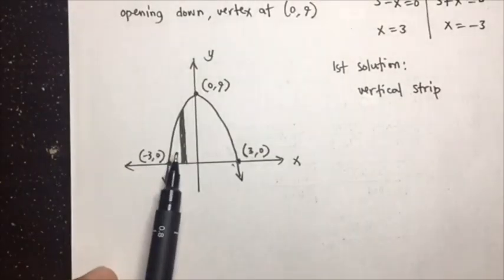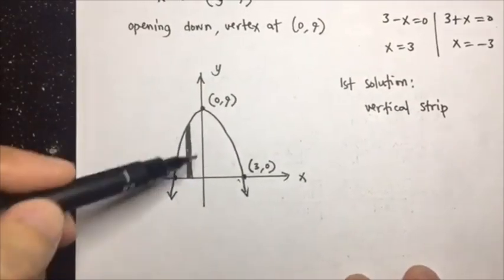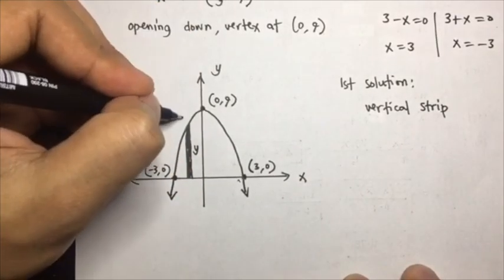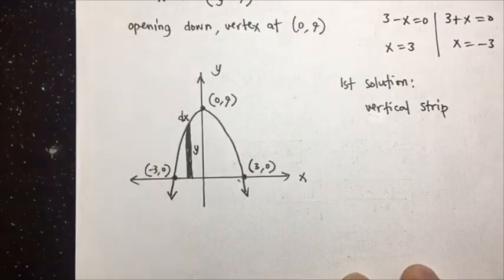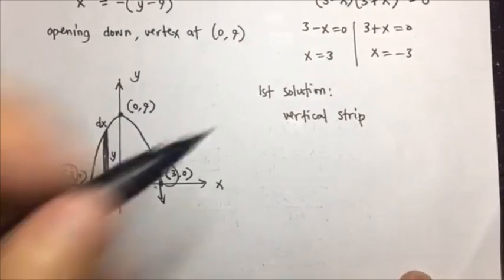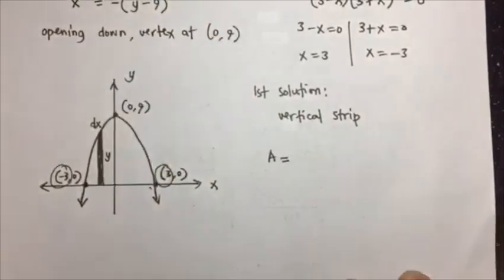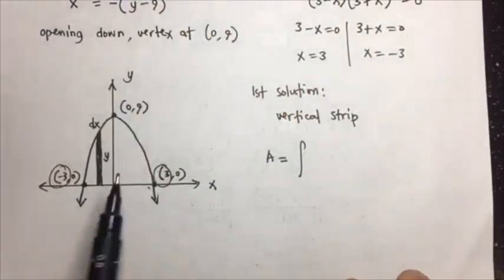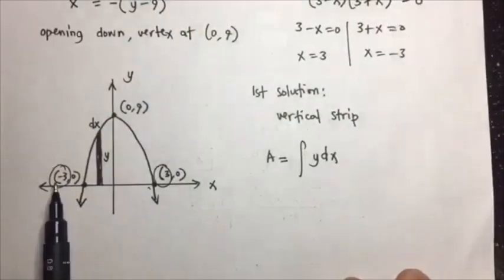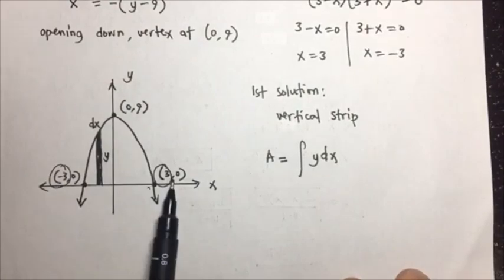Here the length of the strip is y, its width is dx, and we are integrating it from x is equal to negative 3 to x is equal to positive 3. Therefore the area of this curve using a vertical strip is the integral of y dx from negative 3 to positive 3.